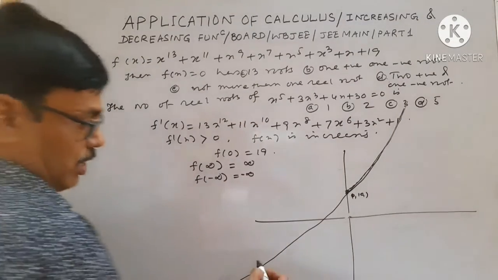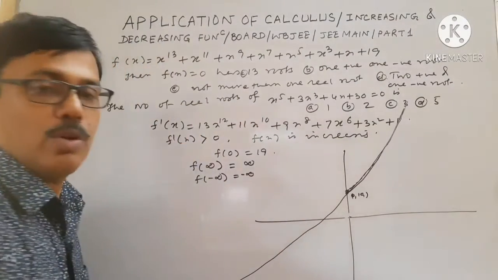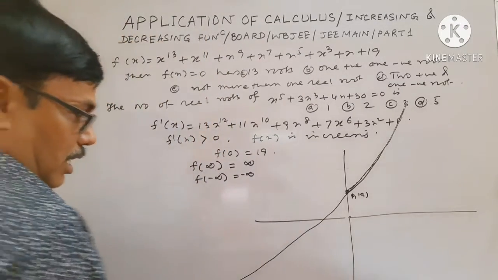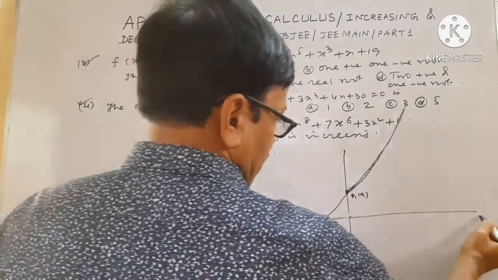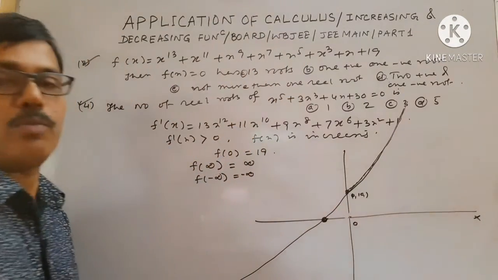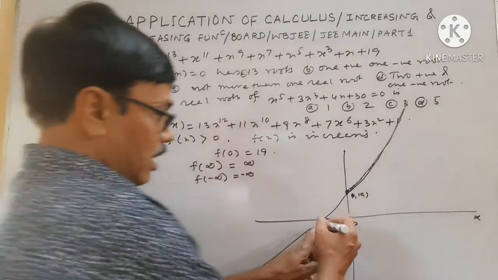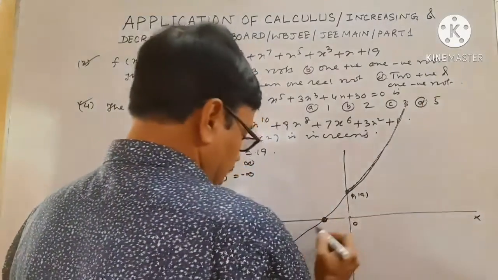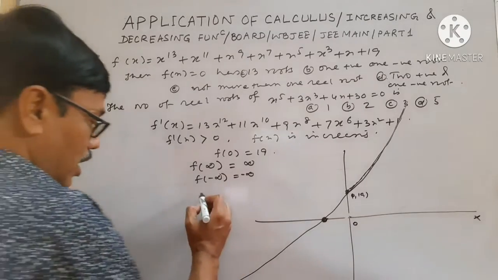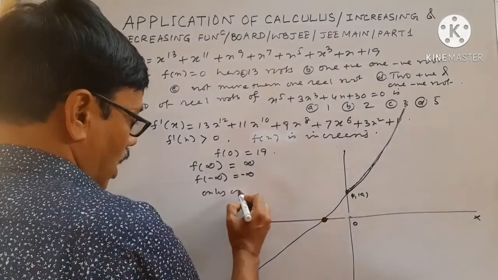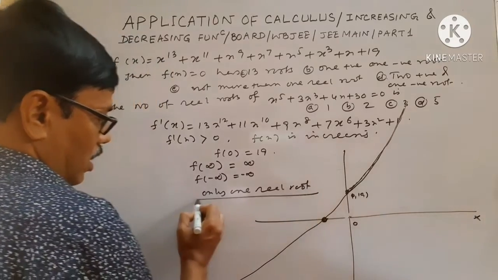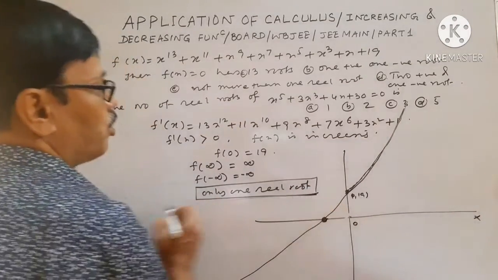Look, from the nature of the curve, since it is increasing, it cuts the x-axis at only one point. So only one real root.